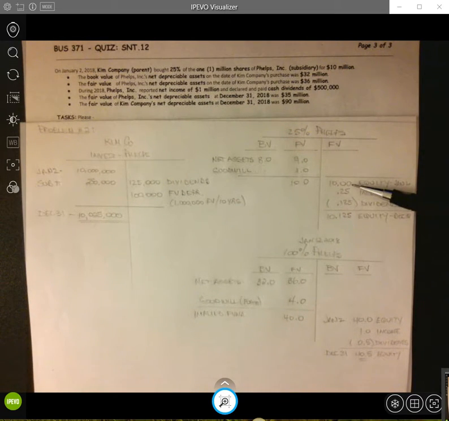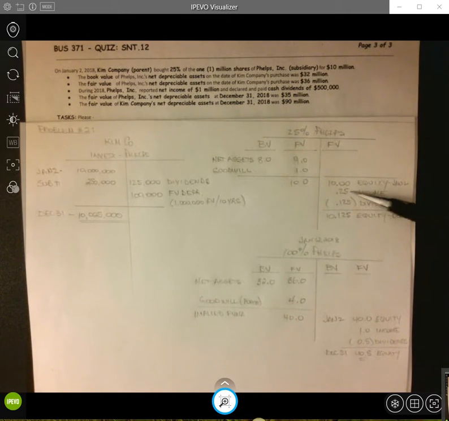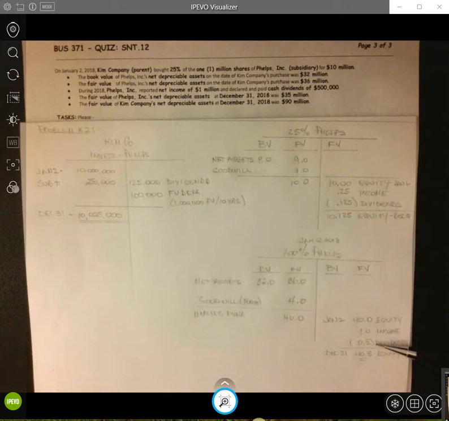By similar logic, if the fair value of all the assets of the subsidiary at the 25% level is equal to $10 million, the owner's equity of the 25% ownership would be $10 million also. 25% of the subsidiary's income would be $250,000, and 25% of the dividends of $500,000 would be $125,000.